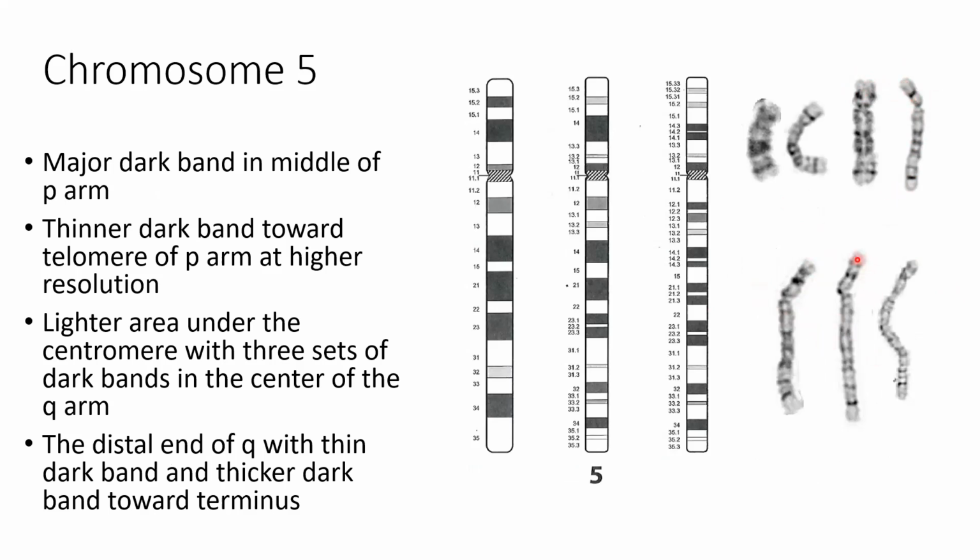This region up in here is usually not as dark. The staining here does look just as dark as this, but often this band is a little bit lighter than that. So again, with 5, remember, a much lighter region until we get to that series of 3 dark bands. And then you've got a doublet maybe at the bottom, but it's usually separated. It doesn't look quite like the 4s.